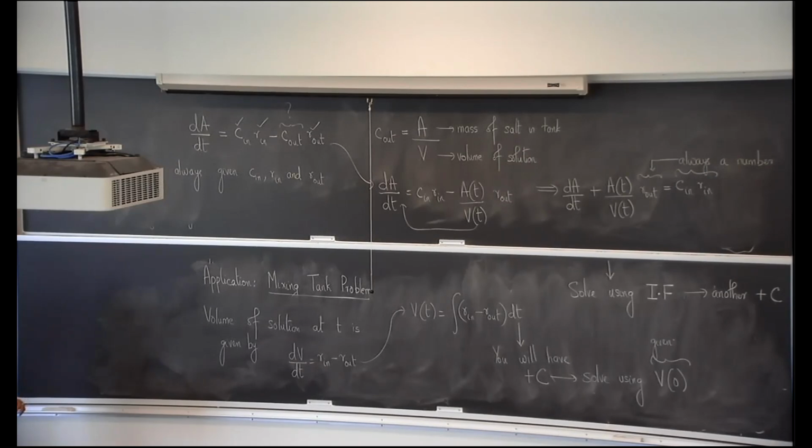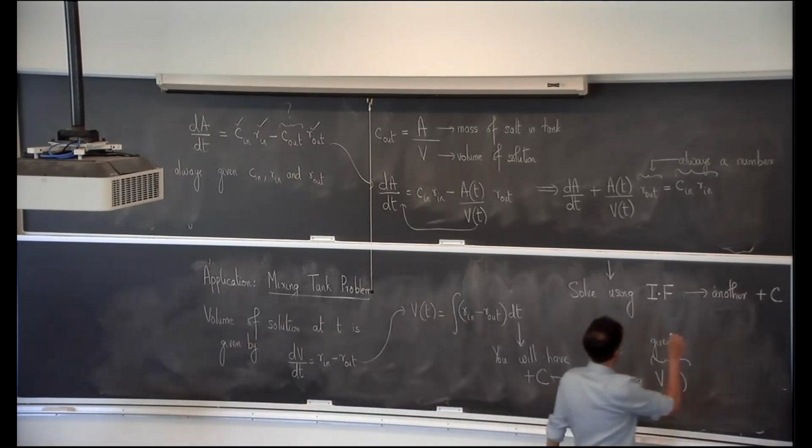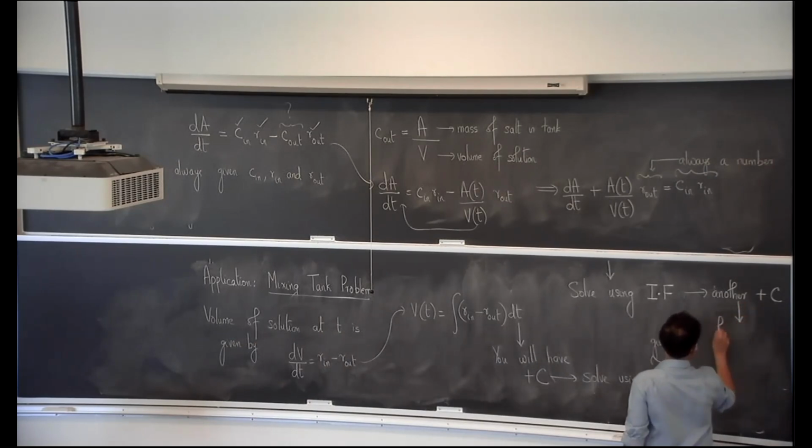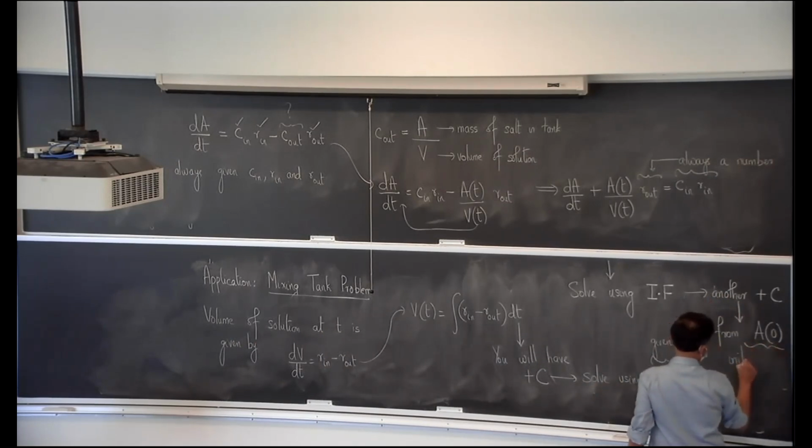Yeah, the initial amount of salt in the tank. So A of 0. This is from V of 0 because you're solving for V. This is from A of 0 because you're solving for A. And this is the initial amount of salt in the tank.